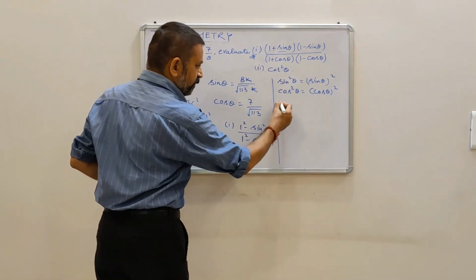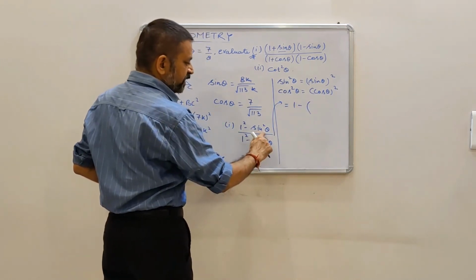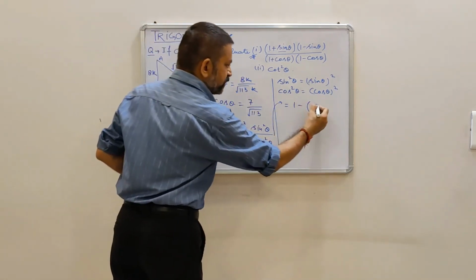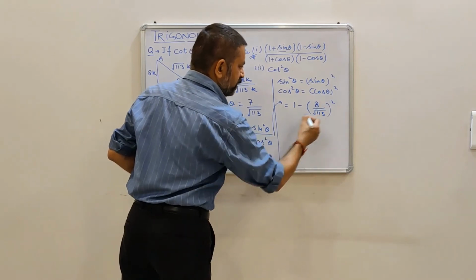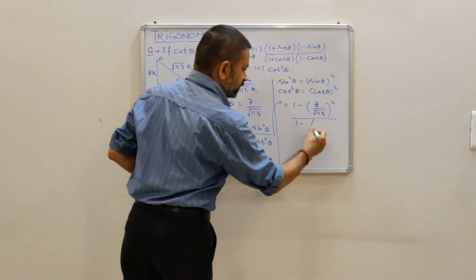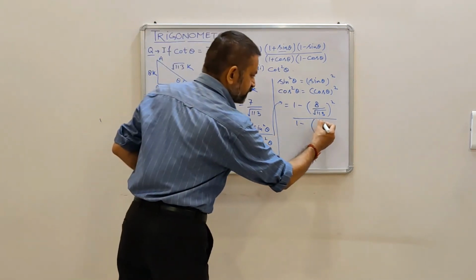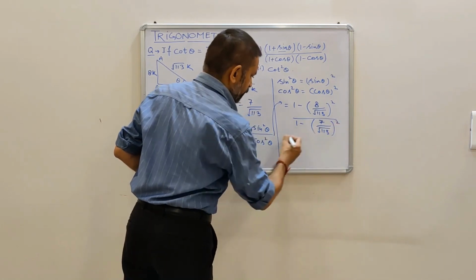So it will become 1 minus 8 upon root 113 whole square, upon 1 minus 7 upon root 113 whole square.